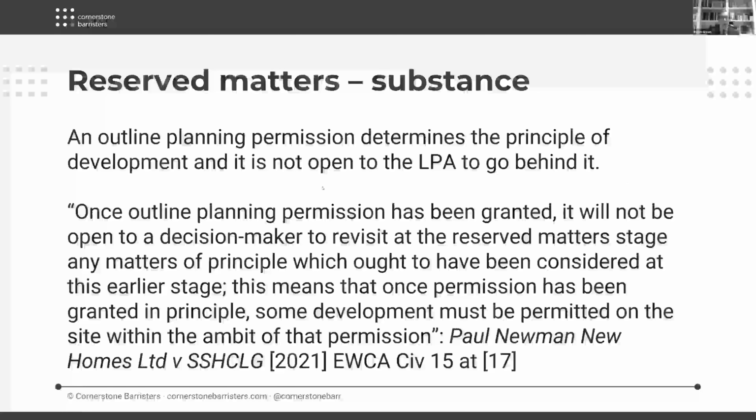And so an outline permission, even if it says nothing about the quantum of development, must mean that some development is permissible. And so you can't, at the reserved matters stage, perhaps feeling a sense of seller's remorse, seek to prevent any development going ahead because you now regret having granted outline permission in the first place. That simply isn't permissible.